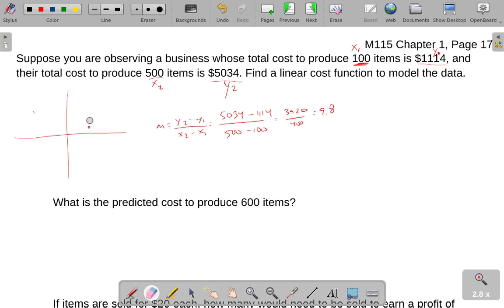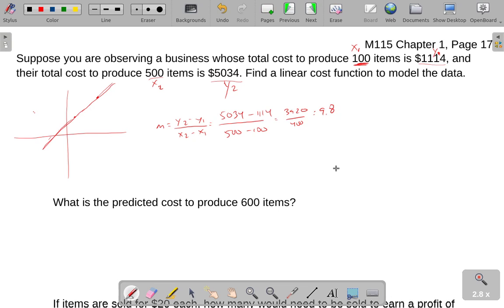Really what we have is the cost to produce 50 items is there, the cost to produce 100 items is there, the cost to produce 500 items is, let's say, here. We're trying to find the equation of the line that looks something like this. So we found the slope so far.